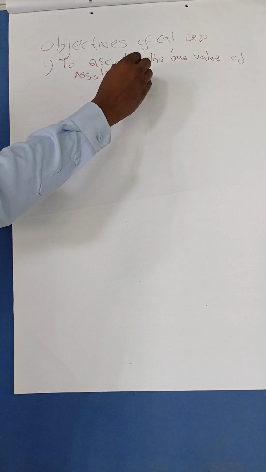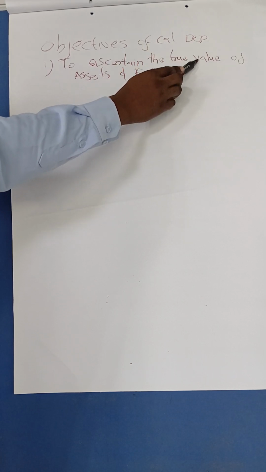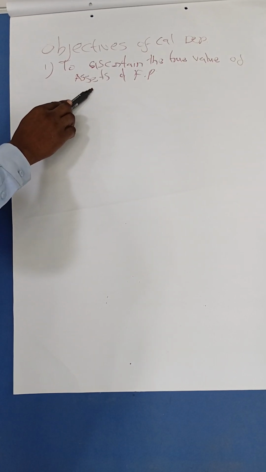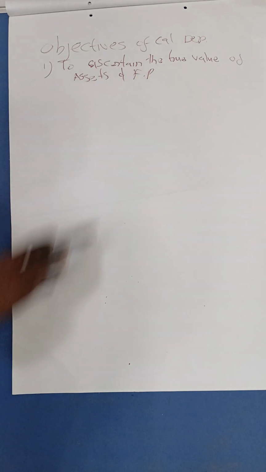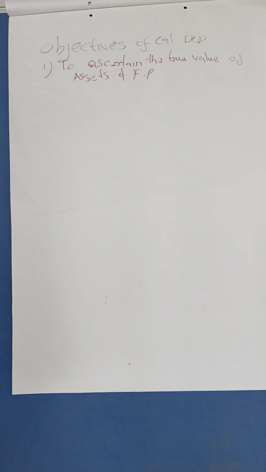And financial position. The moment we ascertain the true value of the assets, at the end of the year, we can say after 5 years this asset costs this. Now we are able to come up with the financial position. So, to ascertain the true value of assets and financial position.